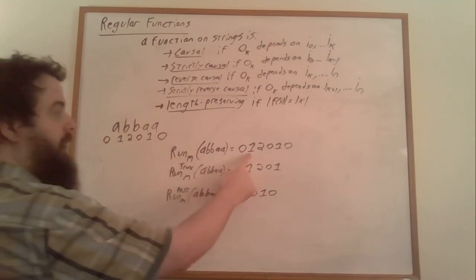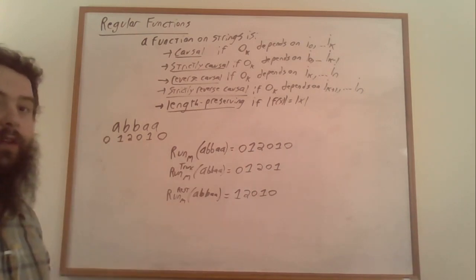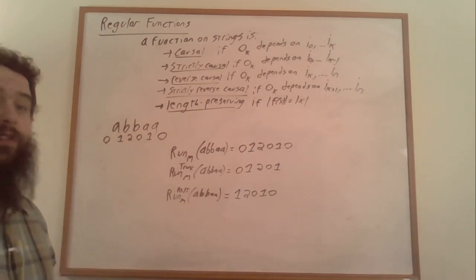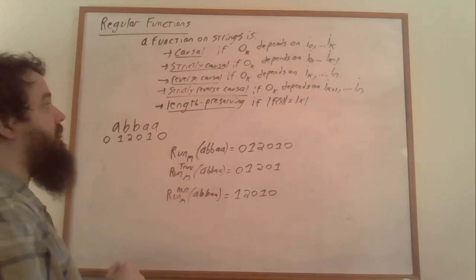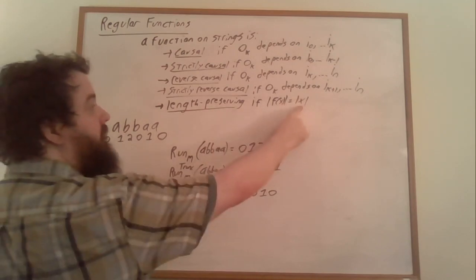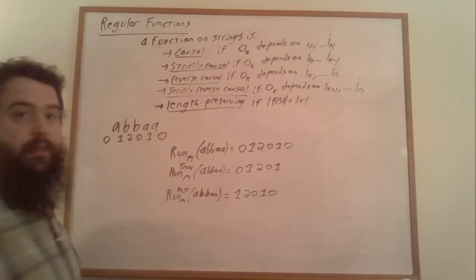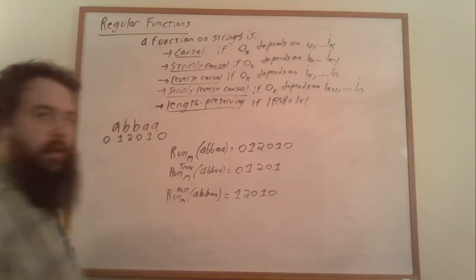And so the second character of the output only depends on the first character of the input, and so on and so forth. The key distinction between these two functions here is that the second one is length preserving. The length of the input is equal to the length of the output. And again, we're missing that last state here.